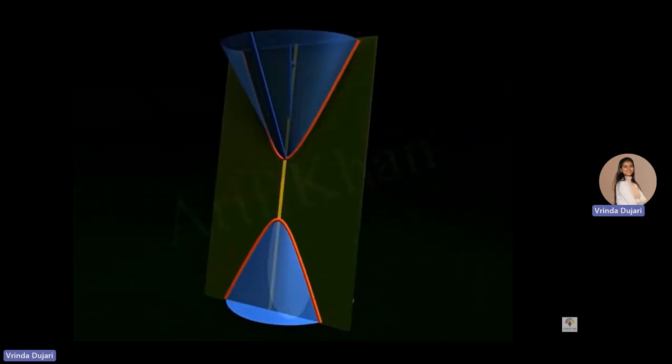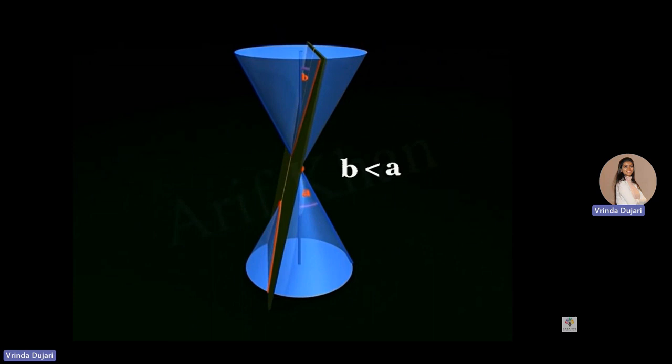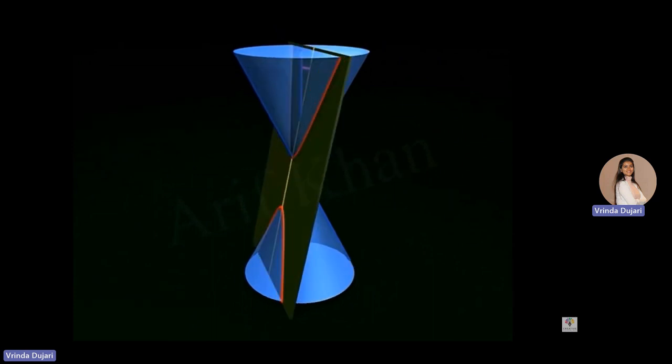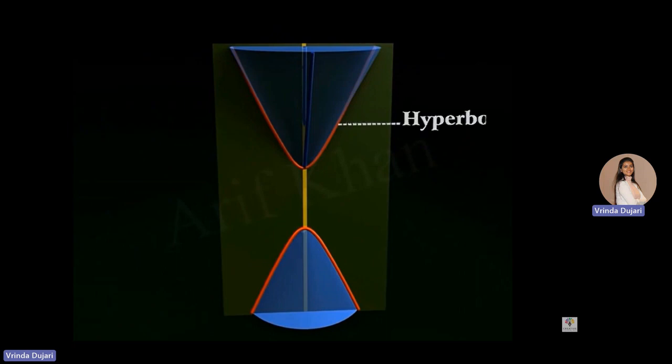However, if the plane intersects the vertical axis at an angle smaller than the vertex angle, the plane intersects both the naps of the cone to form an open curve called a hyperbola, which has two disjoint curves.